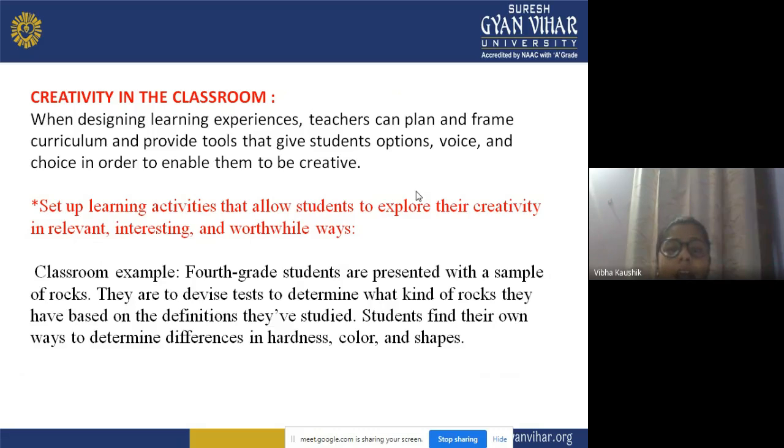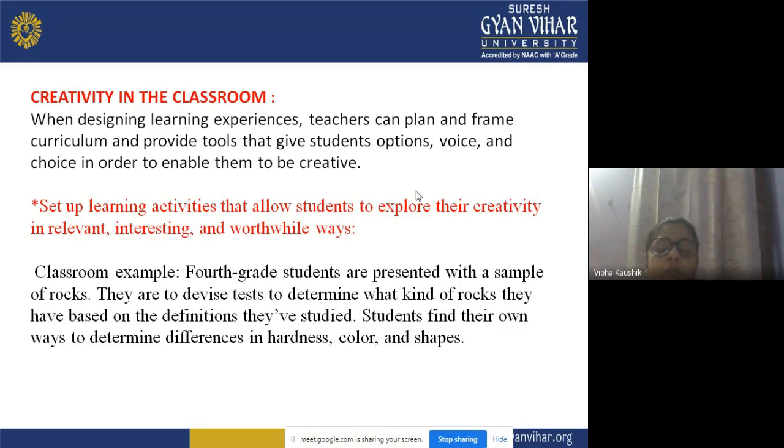The teacher has made them understand the concept of rocks. Now they have to determine what kind of rocks they have on the basis of the knowledge they already have. Students find their own ways to determine differences in hardness, colors, and shapes.